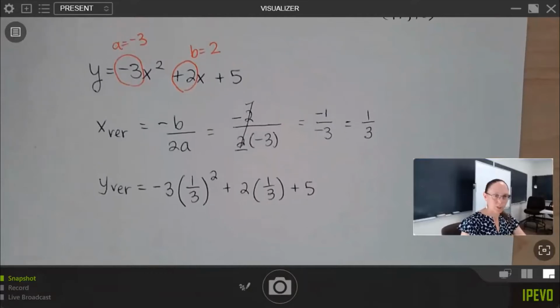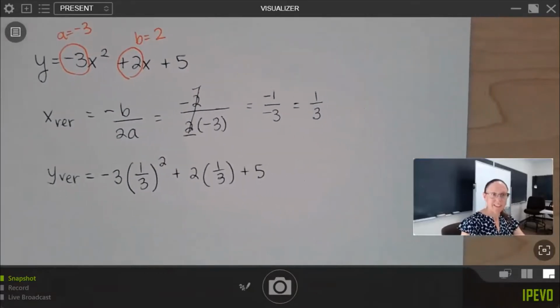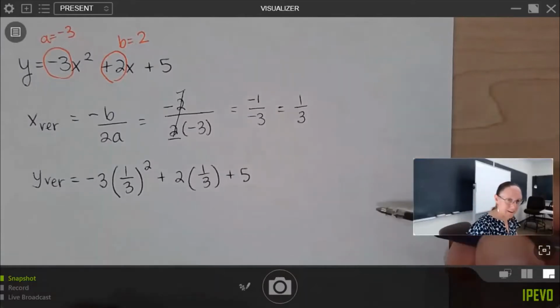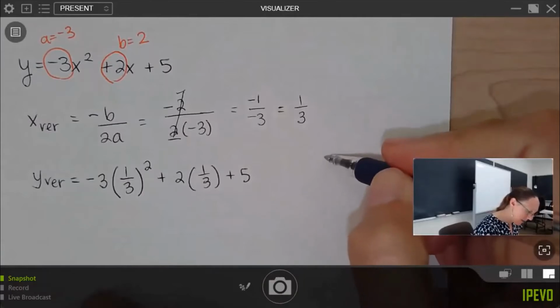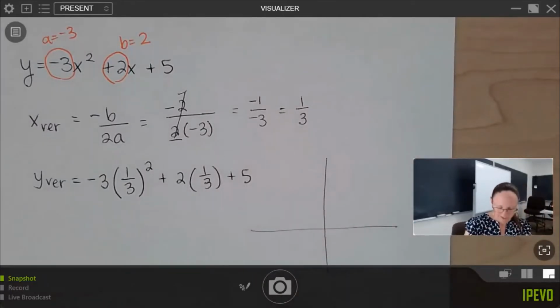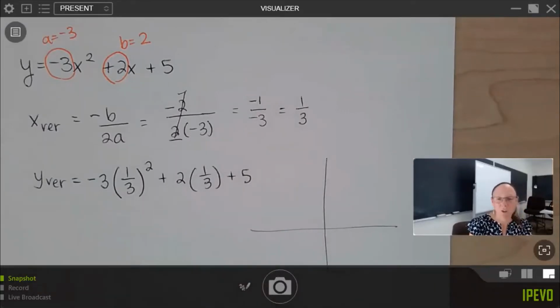Oh, wait, hey, we should graph this thing, right? We should at least do our quick calculus style sketch of this thing. Now, I said that it didn't have to be that pretty, but it has to be roughly accurate. So how would I do that if I didn't want to work out what this value was for the vertex?